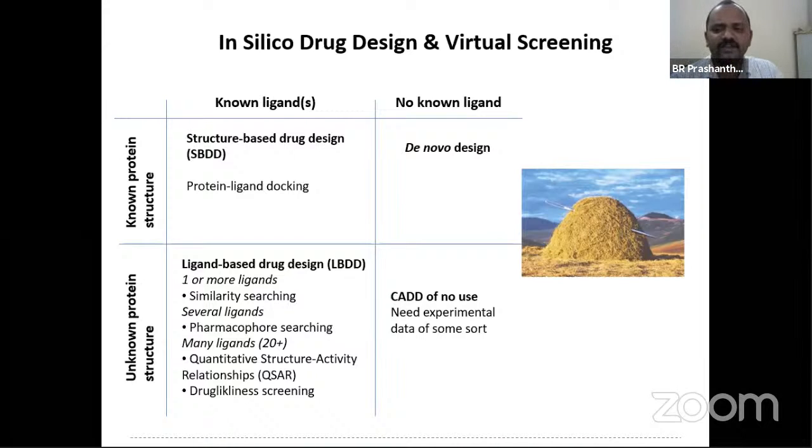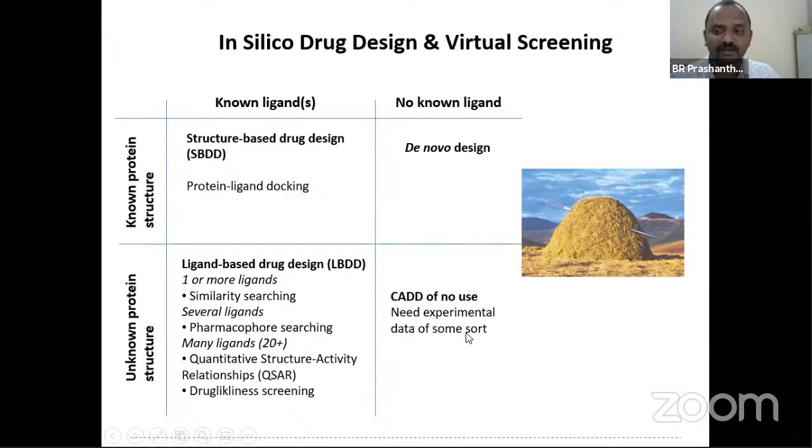But still, sometimes, for example in high throughput screening, if you do in vitro biochemical assays in a high throughput way and get data on the hits, and you want to analyze it again, that can be used in this fourth quadrant.